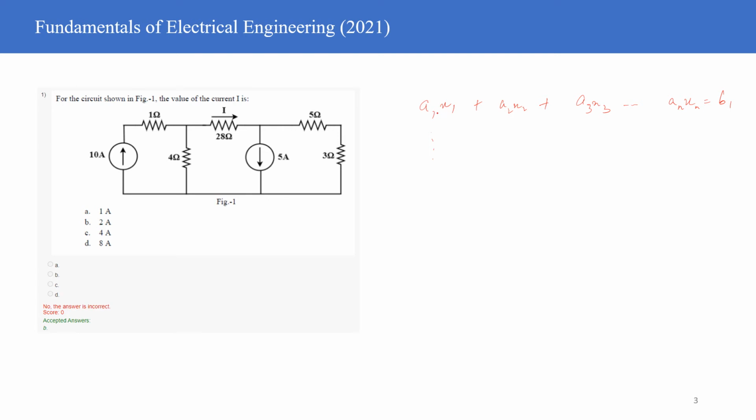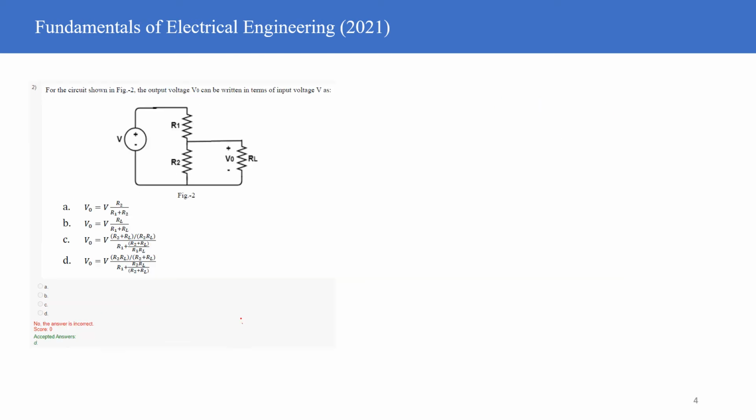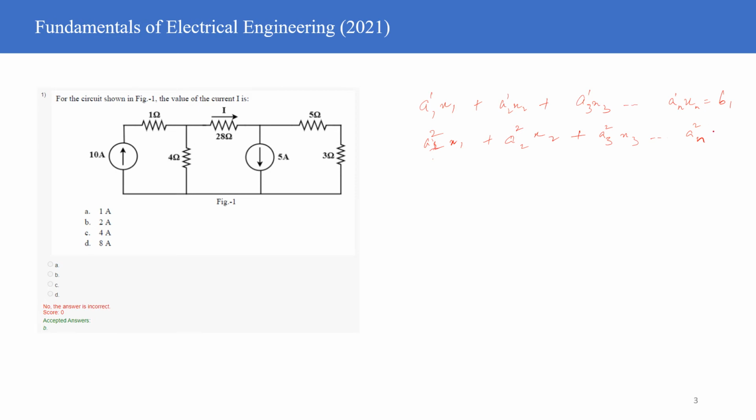I should have written superscript 1 for the first equation and subscript 1 for the variable, so a1 1 x1 plus a2 1 x2 and so on. The second equation is a1 2 x1 plus a2 2 x2 plus a3 2 x3 so on up to an 2 xn is equal to b2, right?